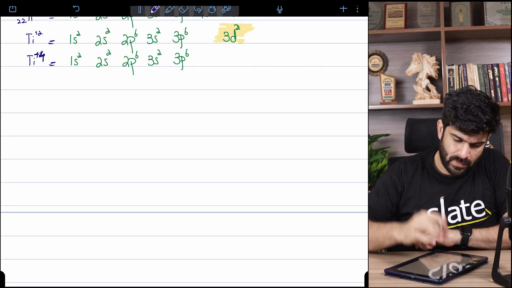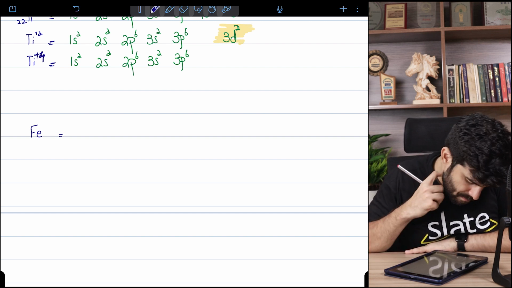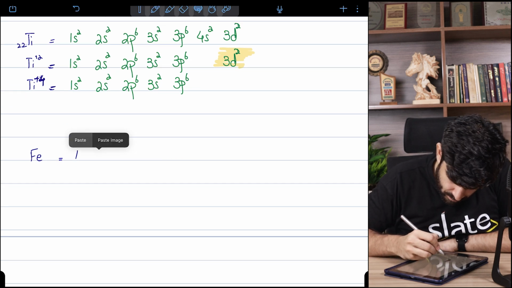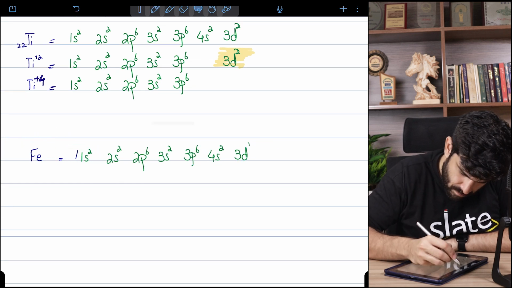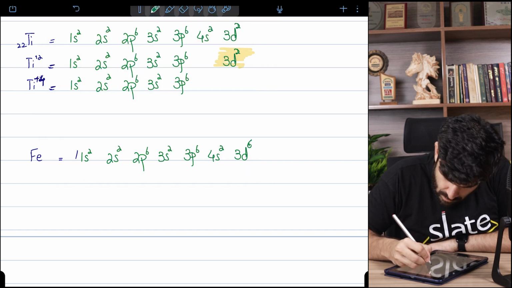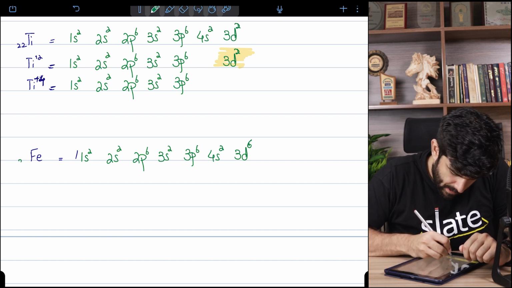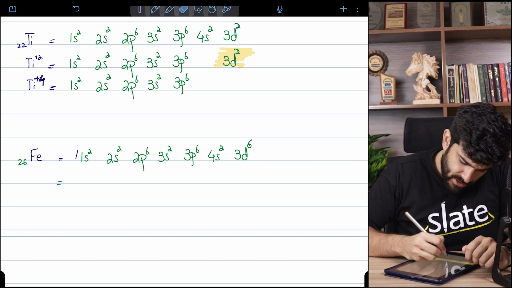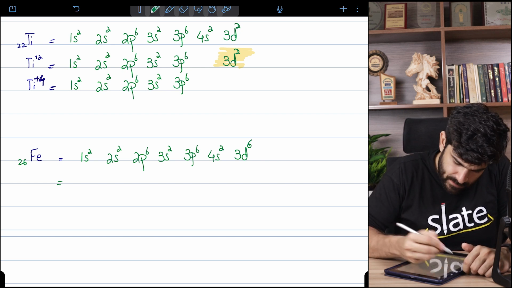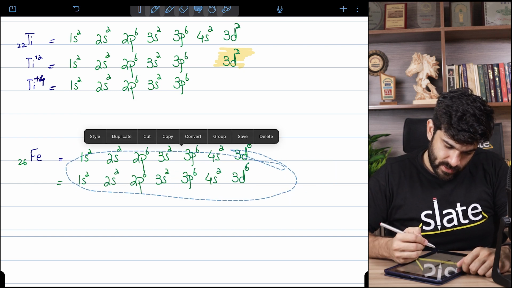Most common example, iron. If we talk about iron, 3d6, that is the electronic configuration of iron. So first, we know it is going to lose 4s2, obviously. So if we lose 4s2, what do we get?